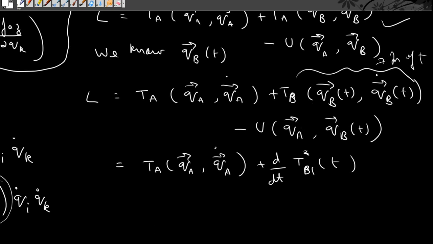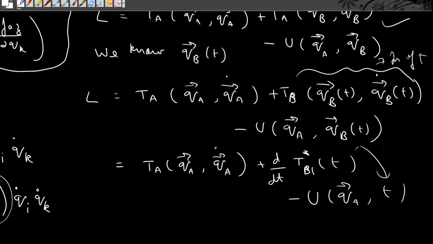If I integrate it, I get TB1, and differentiating TB1 back, I get TB. So I can represent this as d by dt of TB1 of t, minus U of QA and t.